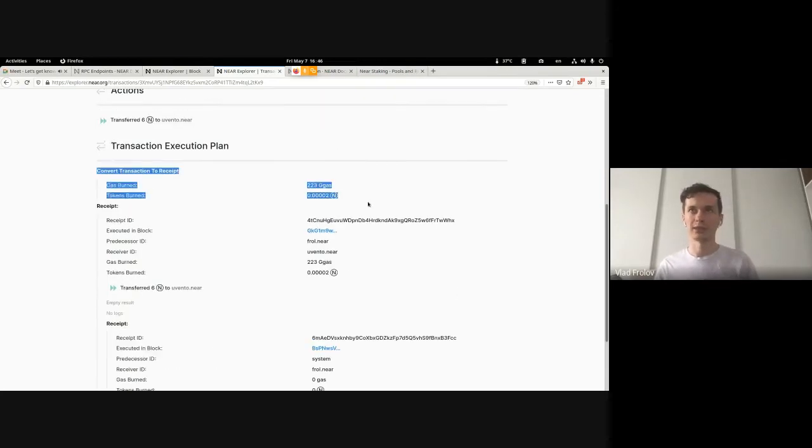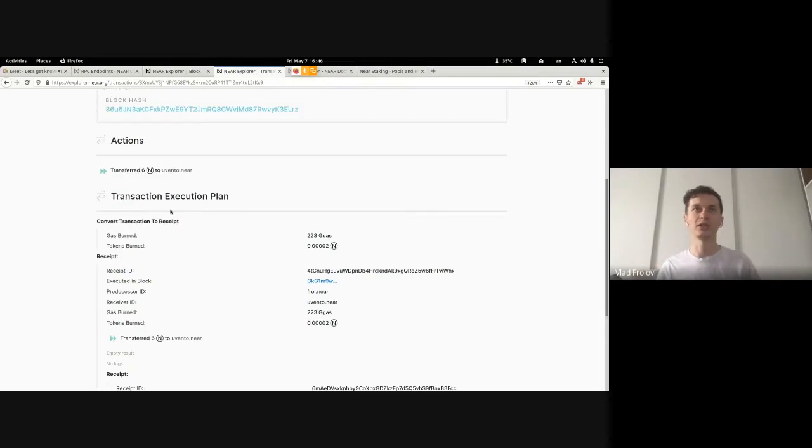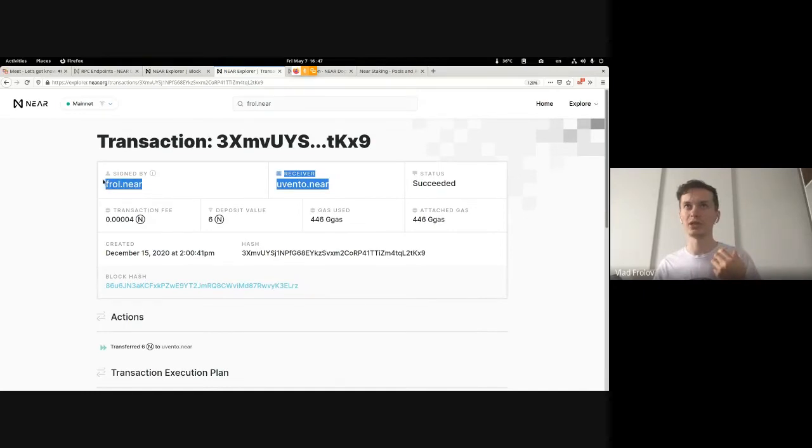So let's get back. The validator converted the transaction to a receipt and included this transaction in the block. This receipt is going to be executed sometime later. It could be executed in the same block if the receiver is the same as the signer.